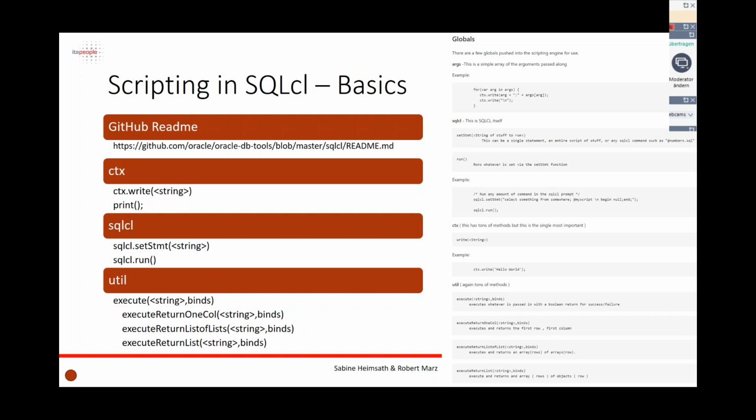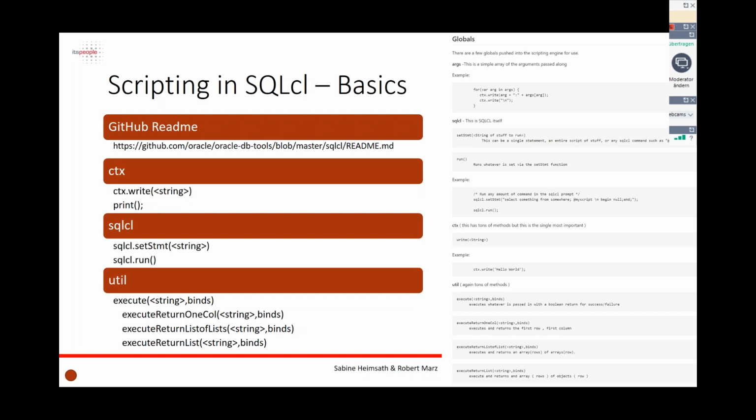And then we have a global called SQLcl that gives you access to the SQLcl session or the SQLcl engine itself. So you have a function or method called SQLcl set statement that you can use to fill up the buffer of SQLcl, the command line buffer, as if you were typing it in with your keyboard.